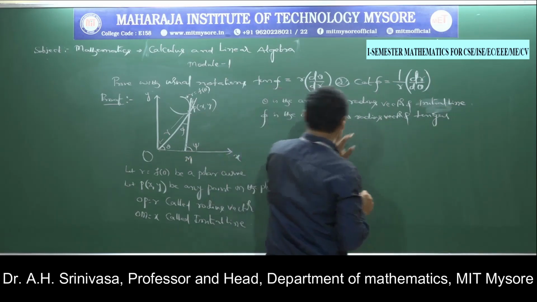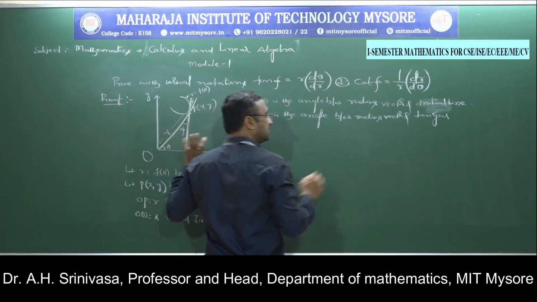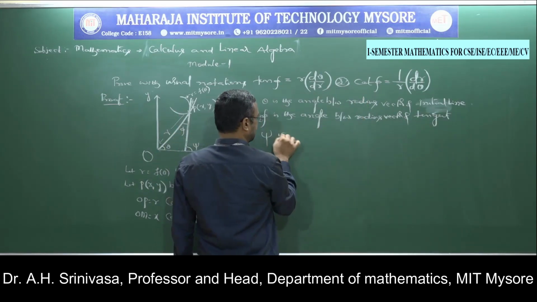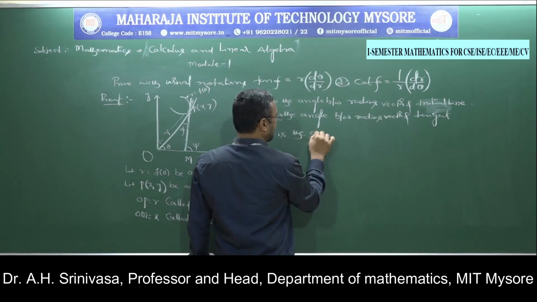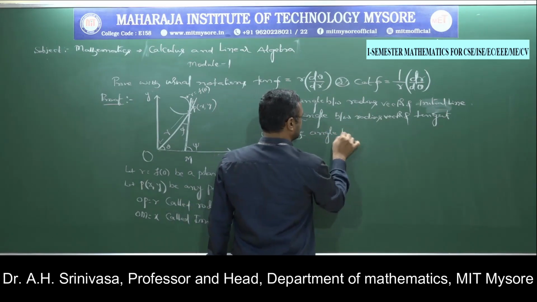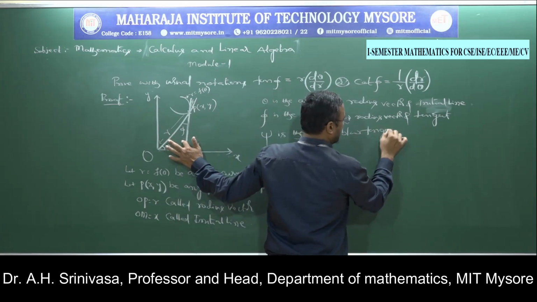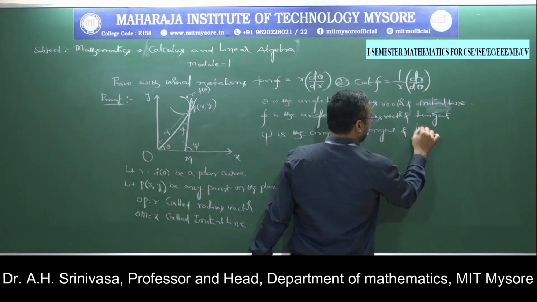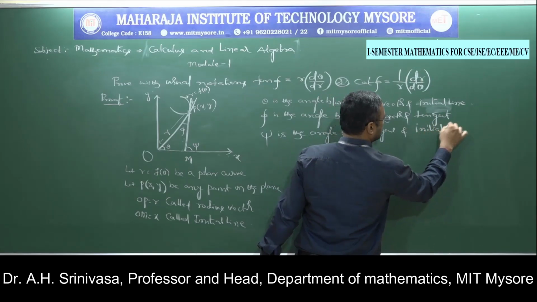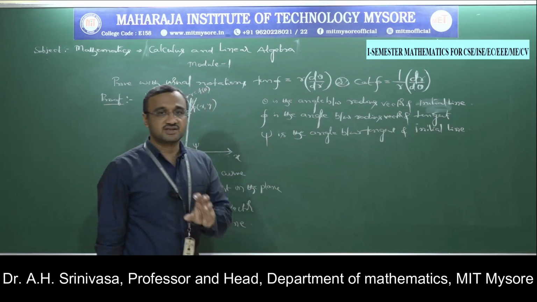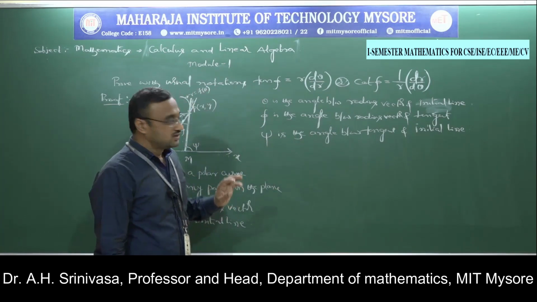Phi is the angle between radius vector and the tangent. Then psi is the angle between tangent and initial line. Okay. So this is the construction we have to write on that.